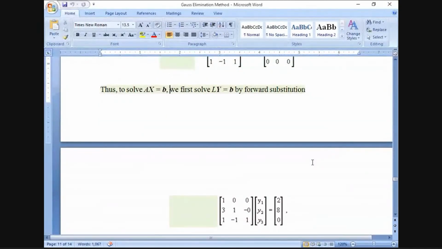2, 2 and 0. You don't have to think, you have to calculate. Is there anyone who got the values of y1, y2 and y3?